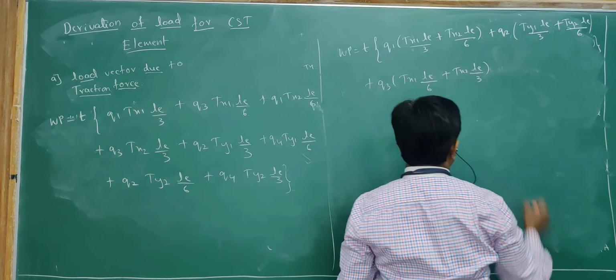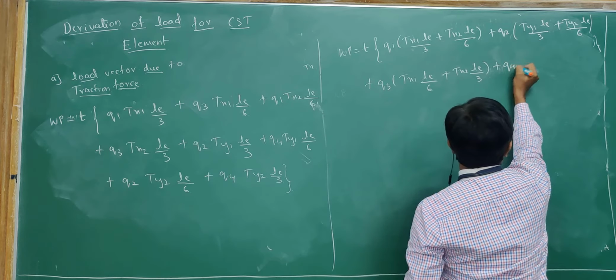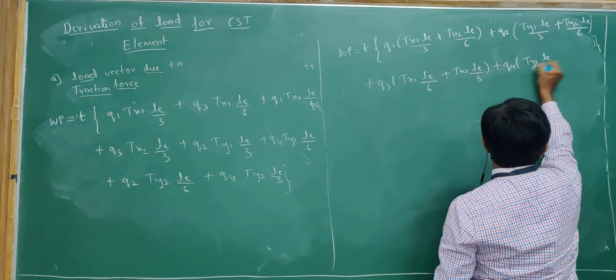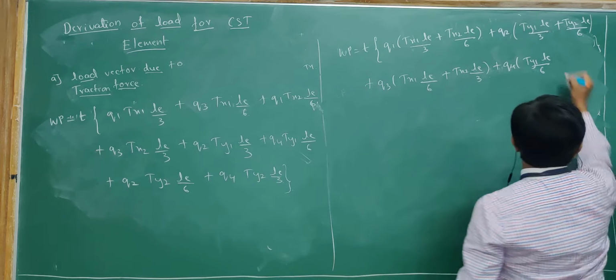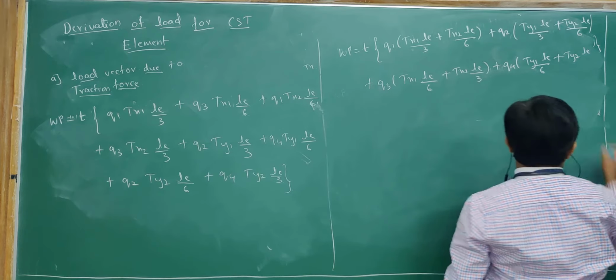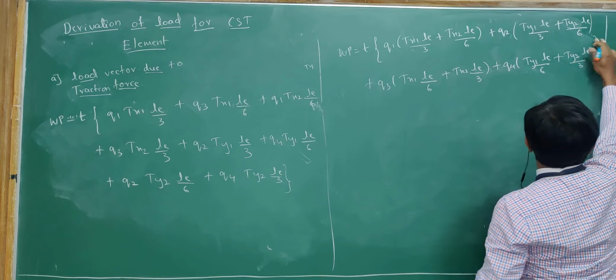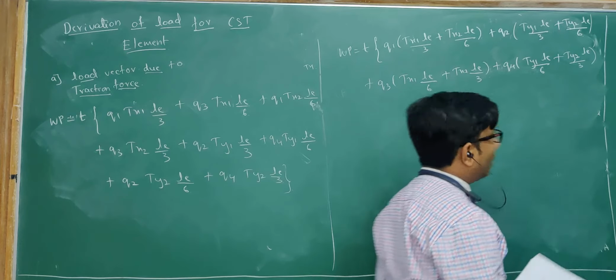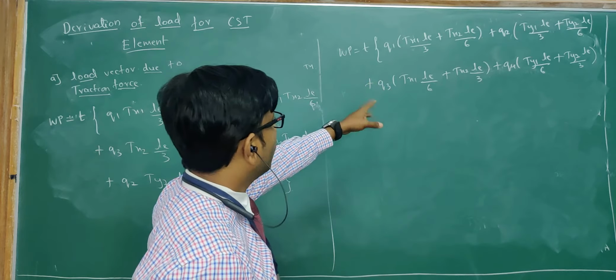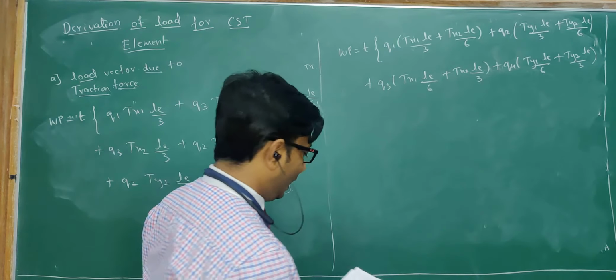If you take Q4, it will be Ty1 le by 6 plus Ty2 le by 3. So this is the equation. We need to segregate Q1, Q2, Q3, Q4 and write it in matrix form.